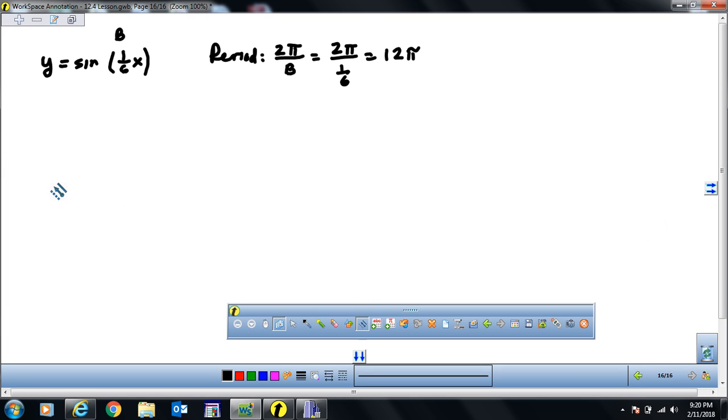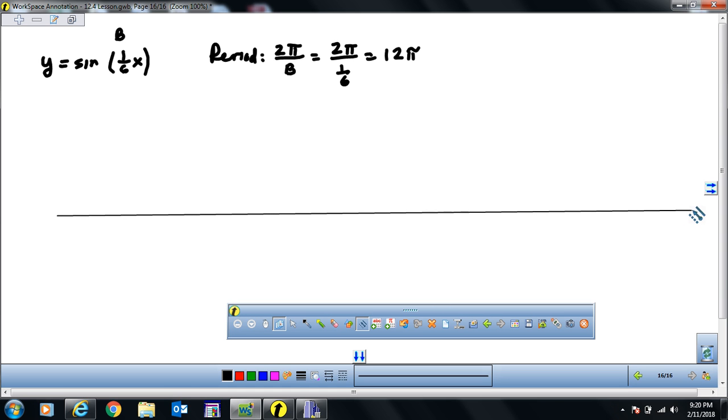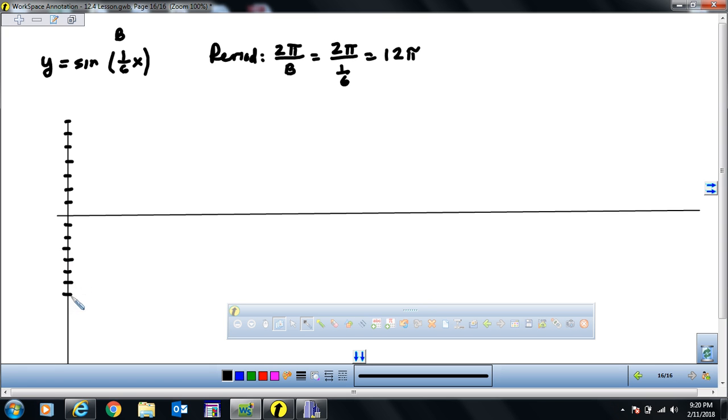So I'm going to create a very small graph. The period tells me that it's going to be 12 pi.